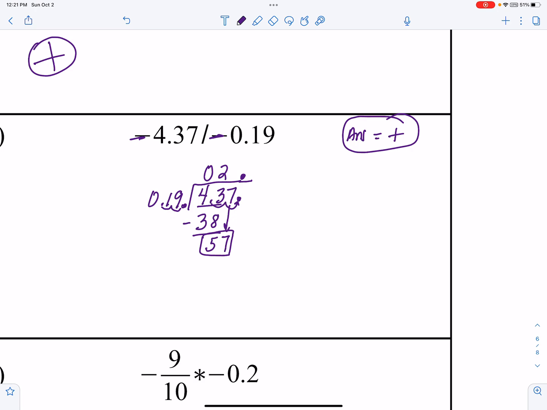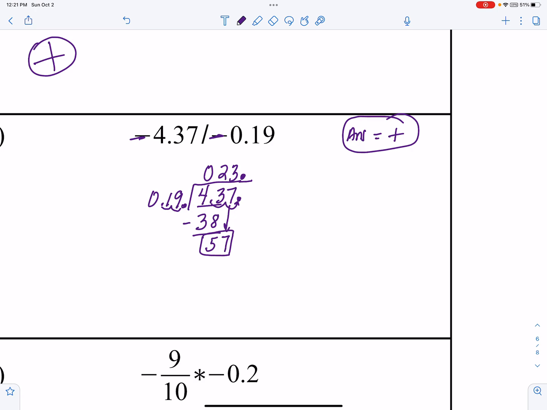I know 19 times 2 is 38, so let's see if I add another 19. 38, 48, yeah, so that should work if I do times 3 this time.